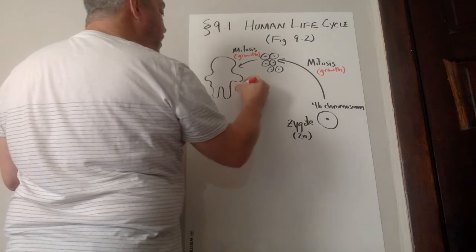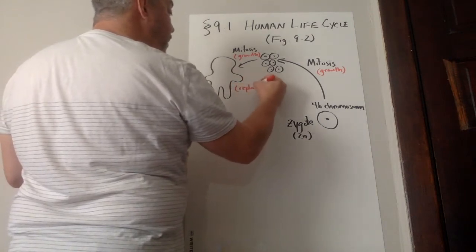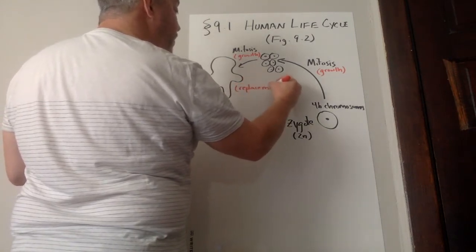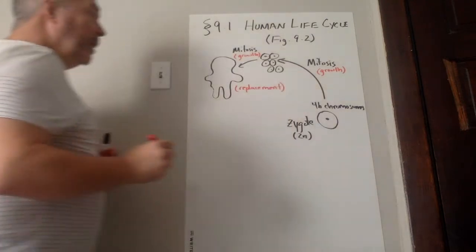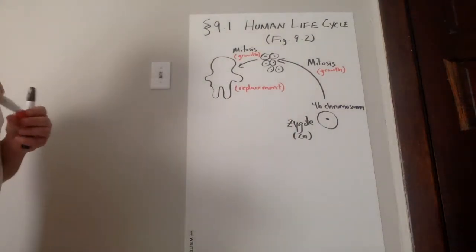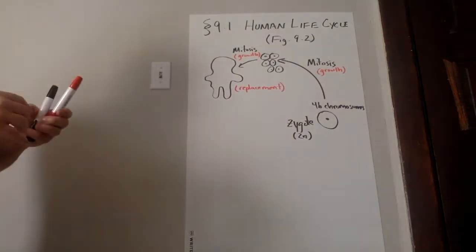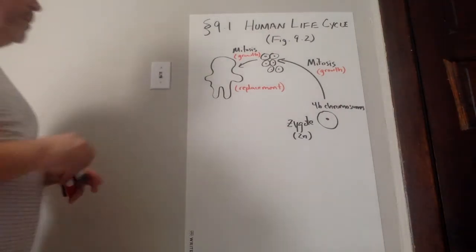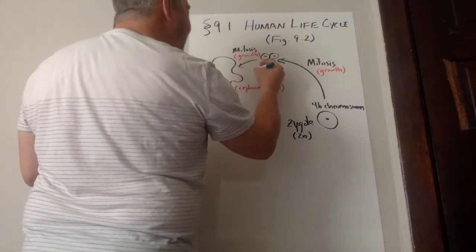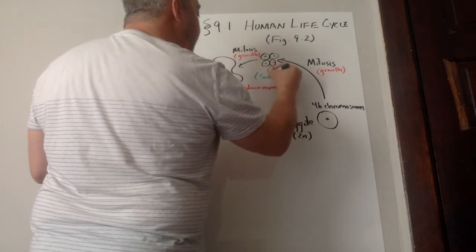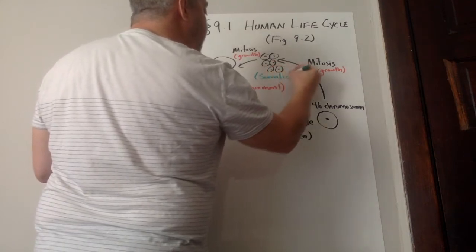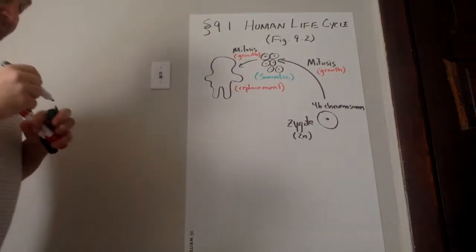And then the second role of mitosis is replacement. All of this time, we are developing our somatic cells. Your typical cell in the human body is called a somatic cell.